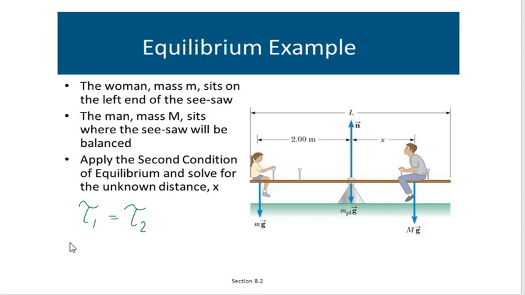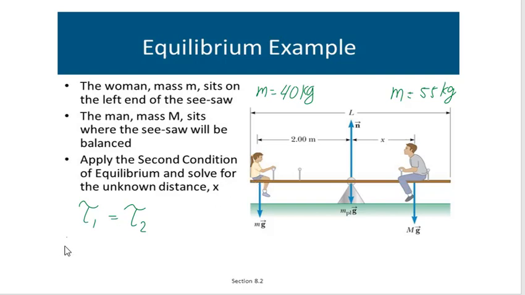So here, this is the mass. Let's say that the mass of the girl is 40 kilograms, and for this one, let's have his mass as 55 kilograms. So you have torque 1 equals torque 2. Torque 1 is the torque caused by the weight of the girl.